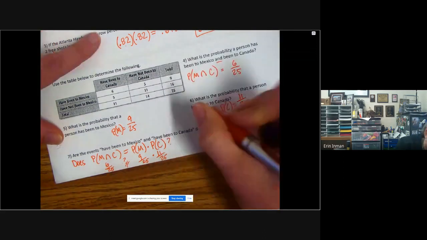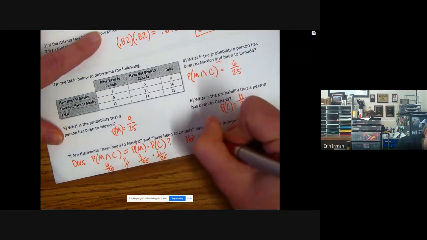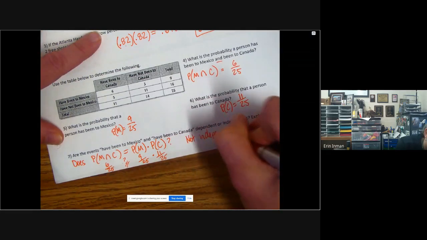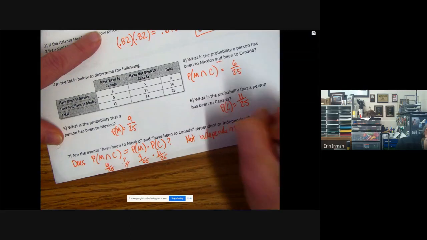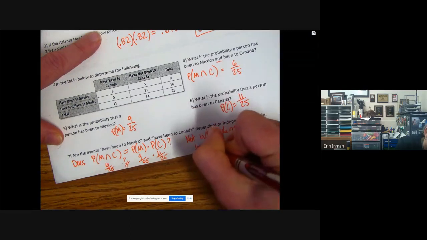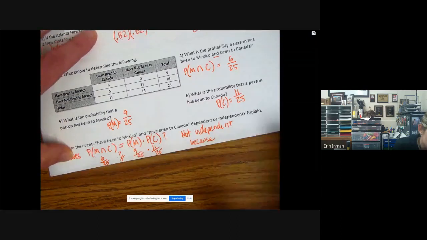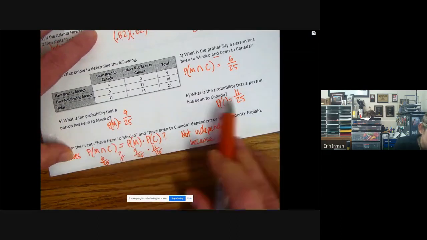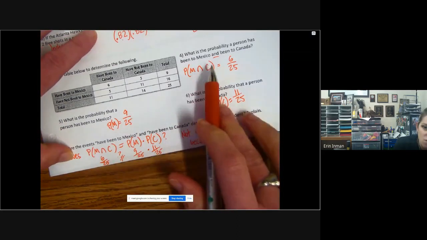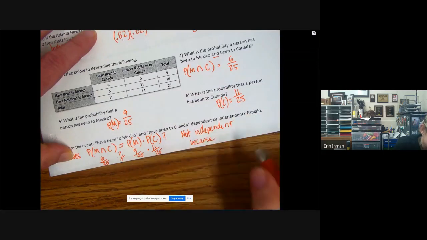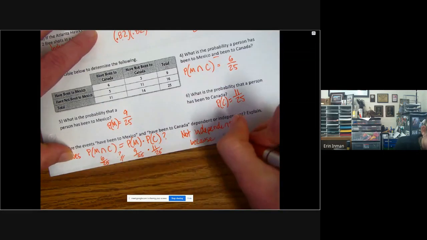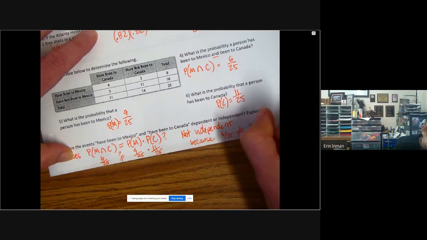All right, so if it were independent, then the product of these two probabilities would equal that intersection. Okay, so 99 over 625.